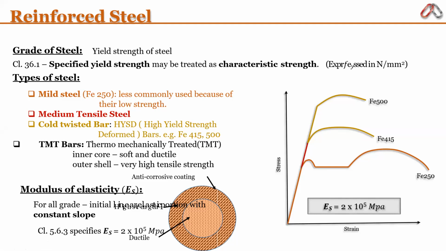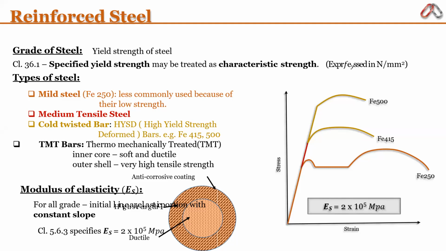Mild steel, that is Fe 250, is less commonly used because of its low strength. Mostly used bars are Fe 415 and Fe 500 because they are high yield strength deformed bars. ये high yield strength deformed bars हैं, that's why we are going to use Fe 415 and Fe 500 only for the design.